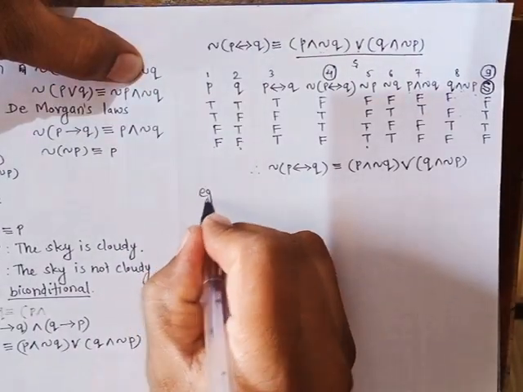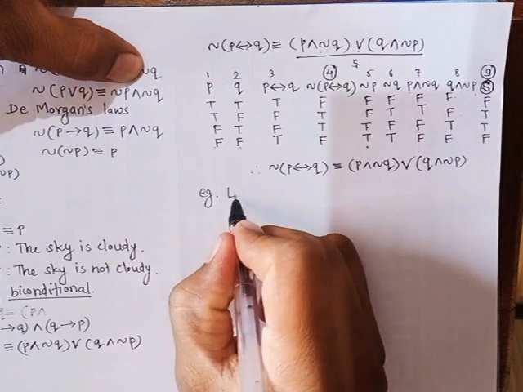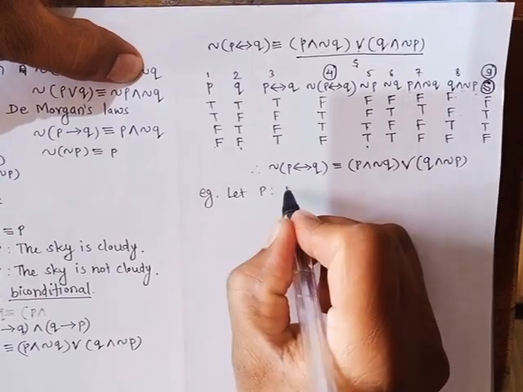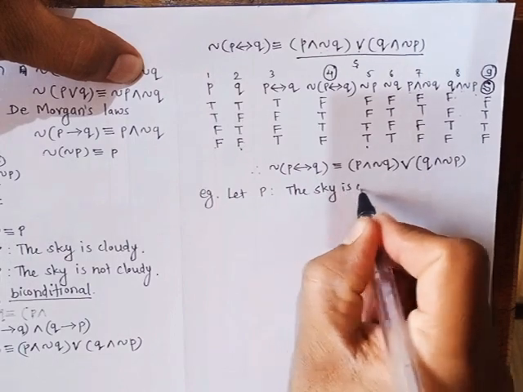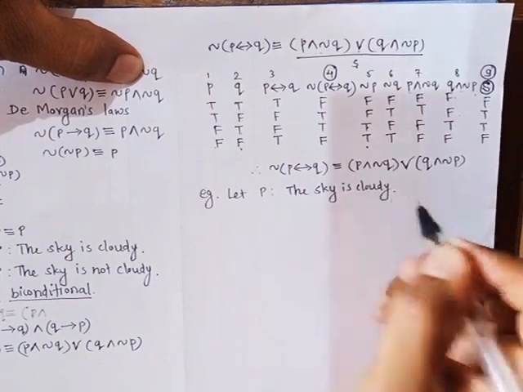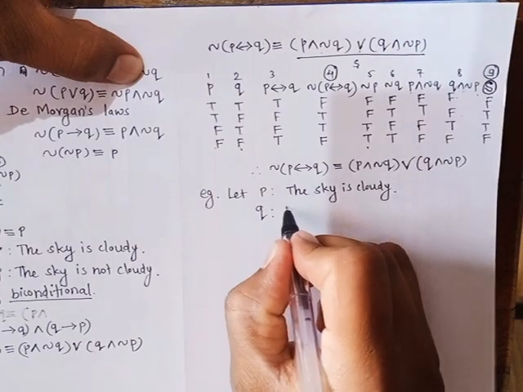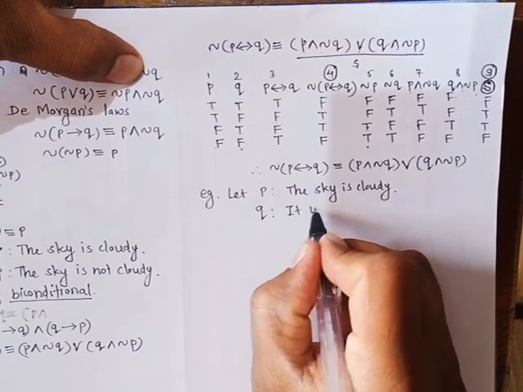For example, let P be the statement such that the sky is cloudy and Q be the statement such that it will be raining.